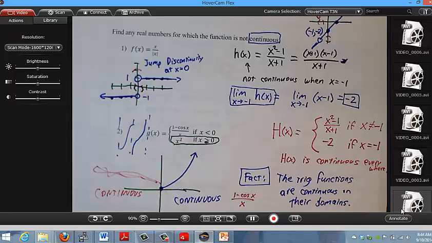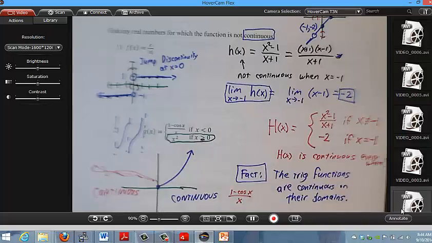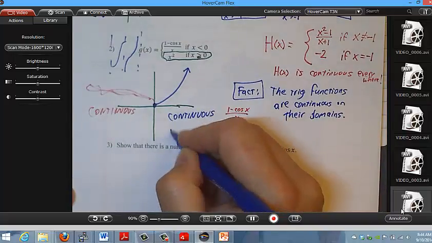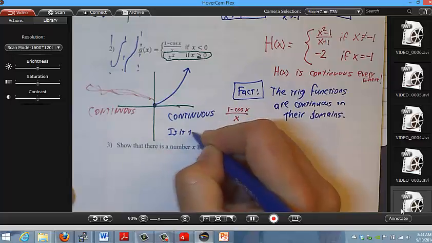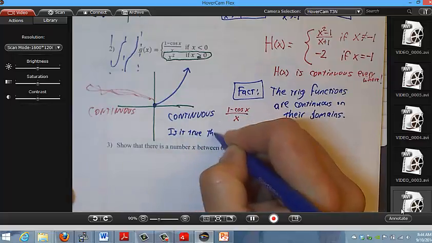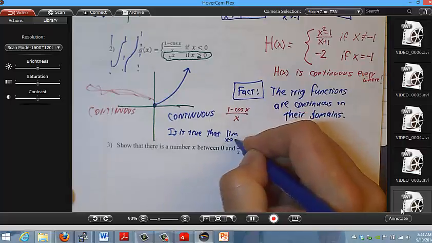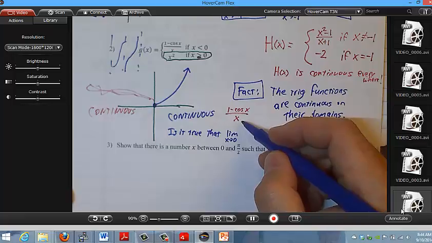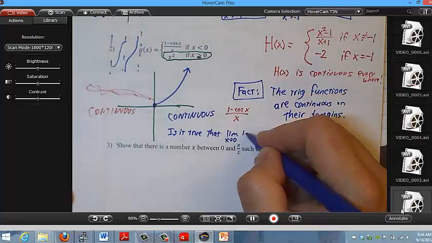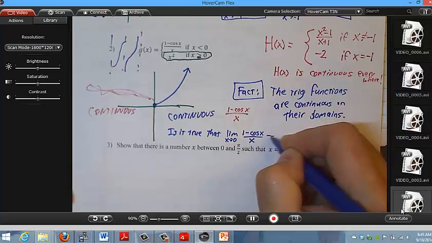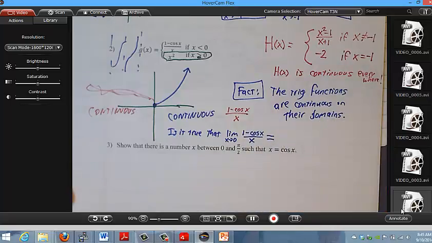All right. So let's see if we can compute it. Well, the question is, is it true that the limit as x approaches 0 of this function, (1 minus cosine x) over x, equals, what do I really want it to equal?